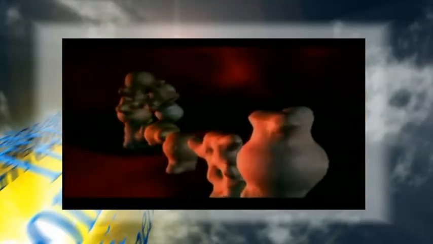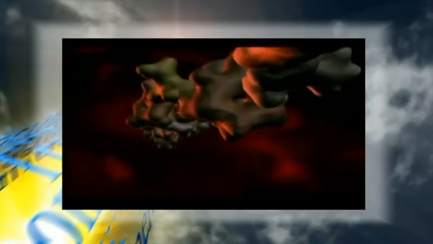When the chain is finished, it is moved from the ribosome to a barrel-shaped machine that helps fold it into the precise shape critical to its function. After the chain is folded into a protein, it is then released and shepherded by another molecular machine to the exact location where it is needed.